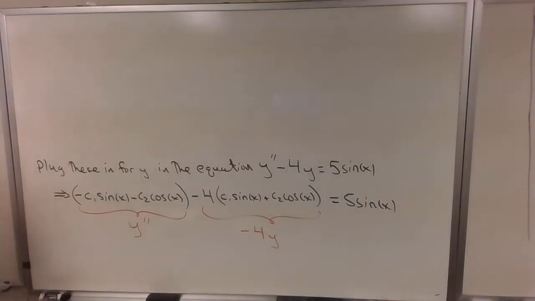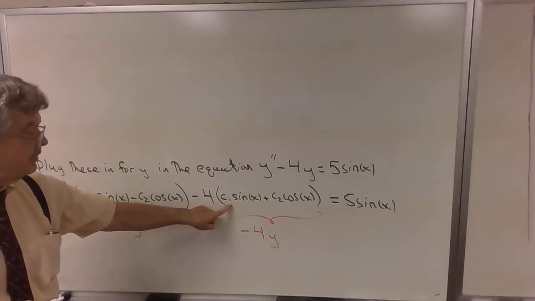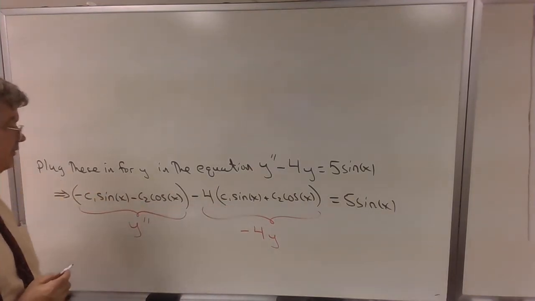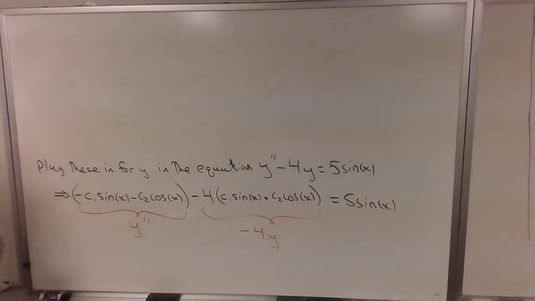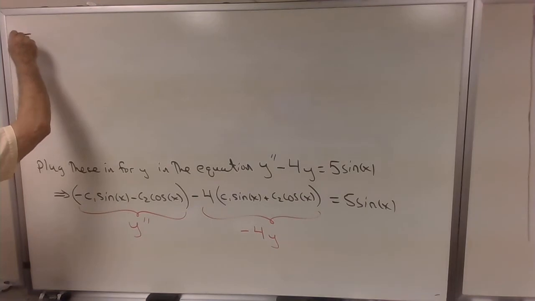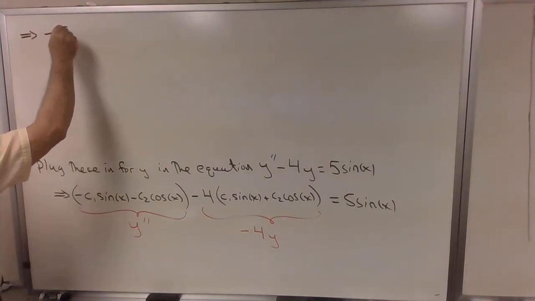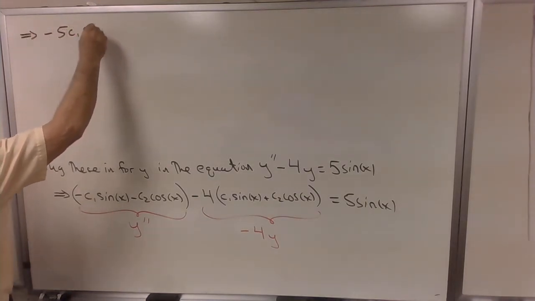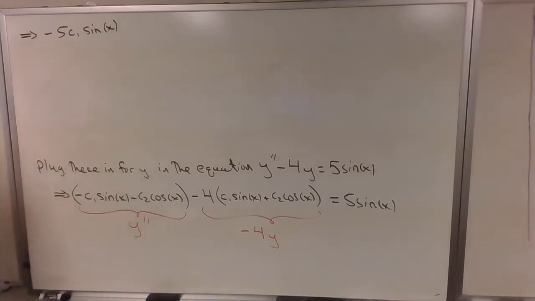Let's collect like terms. We have negative c1 sine of x minus 4c1 sine of x. Okay. So that's going to be negative 5c1 sine of x.